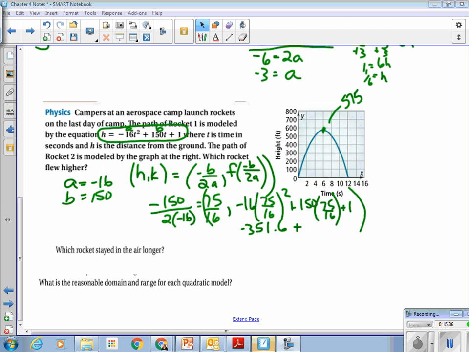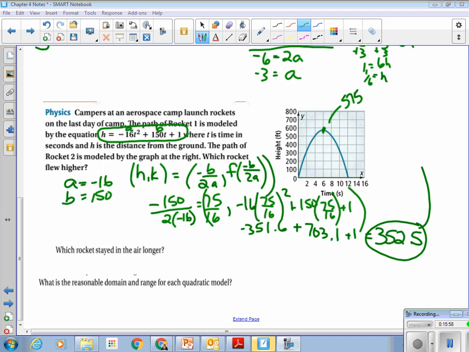And then this guy is 703.1. And we're going to add more onto that. So we plus 1, equals minus 351.6 plus 703.1 plus 1, and it equals 352.5. How does that compare to 575?